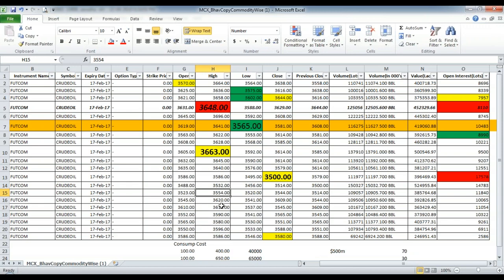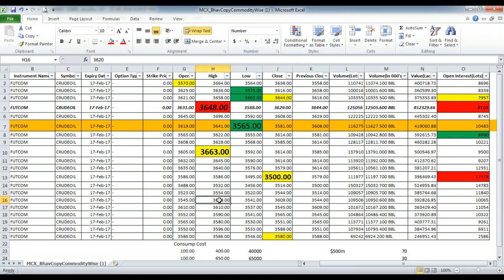On this day 36.20, so it went inside the support. When it went inside the support, it closed at around 36.09. Next day, do you see that it came back below 36.65 again, right?